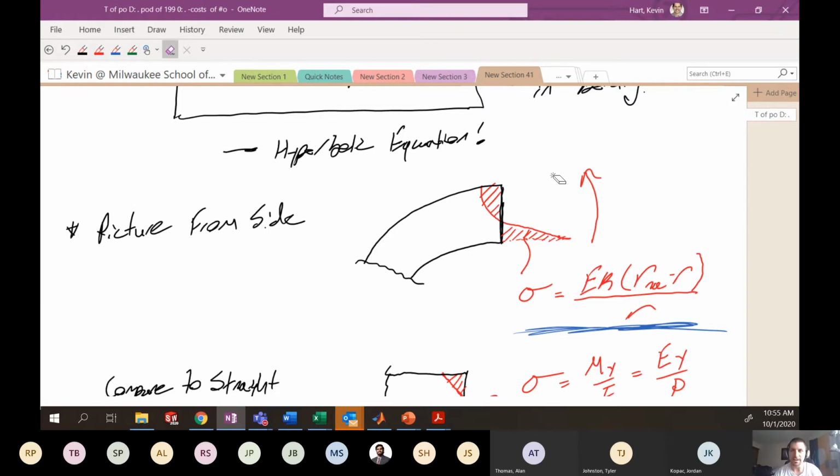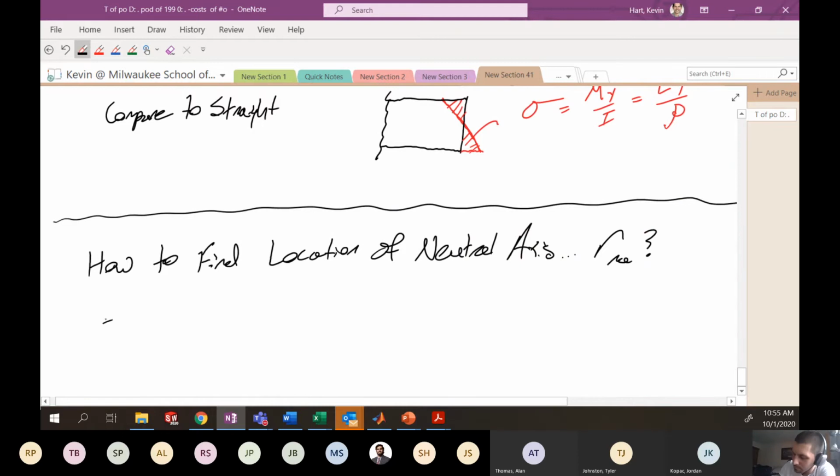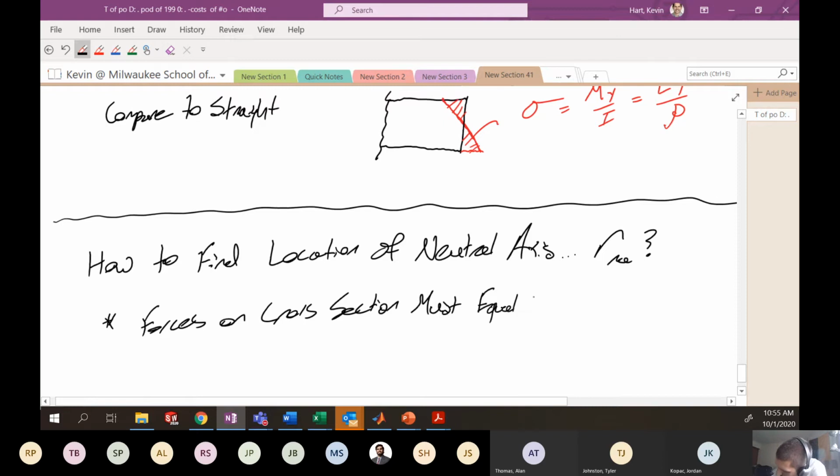So we're going to assume static conditions, and that the forces in that cross section all balance out to be zero. What I mean is, the stresses on each individual differential area on that cross section, when you sum them all up over the cross section, have to equal zero. We can write that in math language as forces on cross section must equal zero to be in equilibrium.